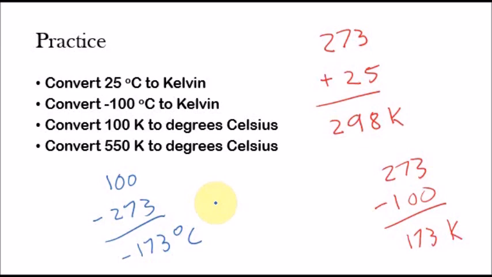And here, again, if you want to convert 550 Kelvin to degrees Celsius, let's do that. 550 minus 273.